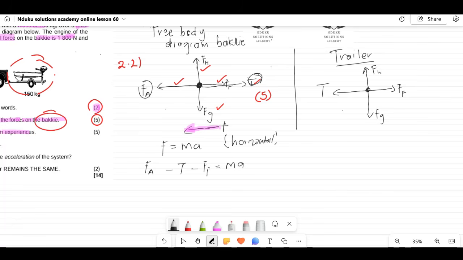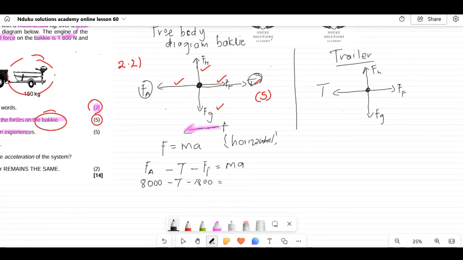And then we can do the substitution already this side. So the applied force, we were told it was 8,000 newtons, minus your tension, we don't know your tension yet, and then we are also given the frictional force at 1,800 newtons. It's equal to the mass of the bakkie.